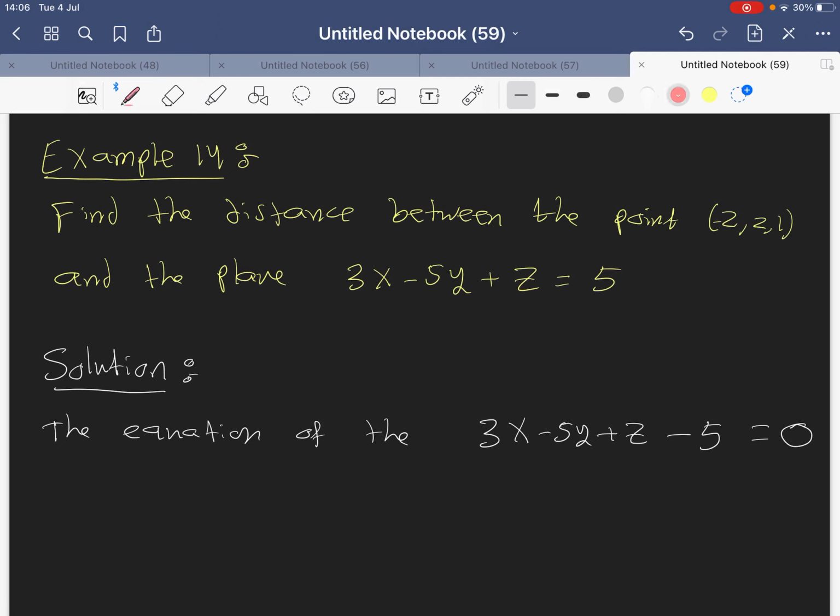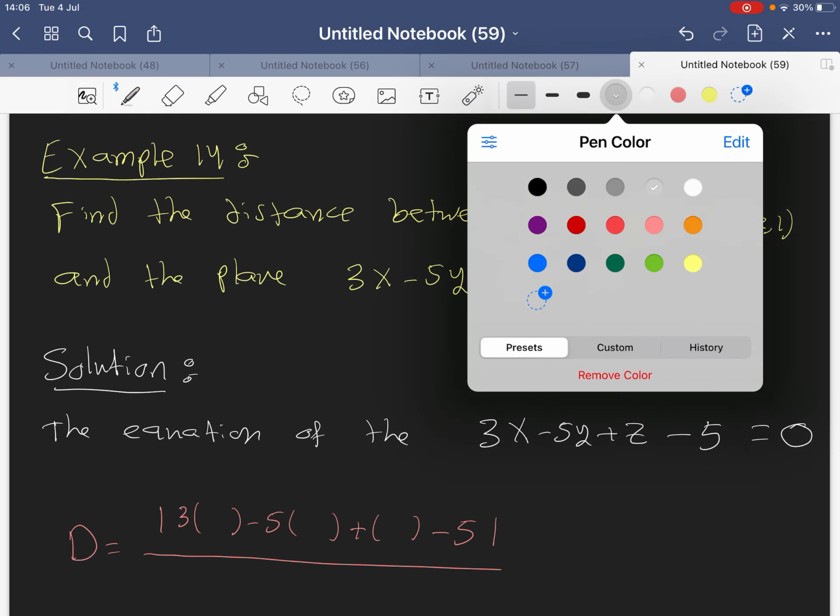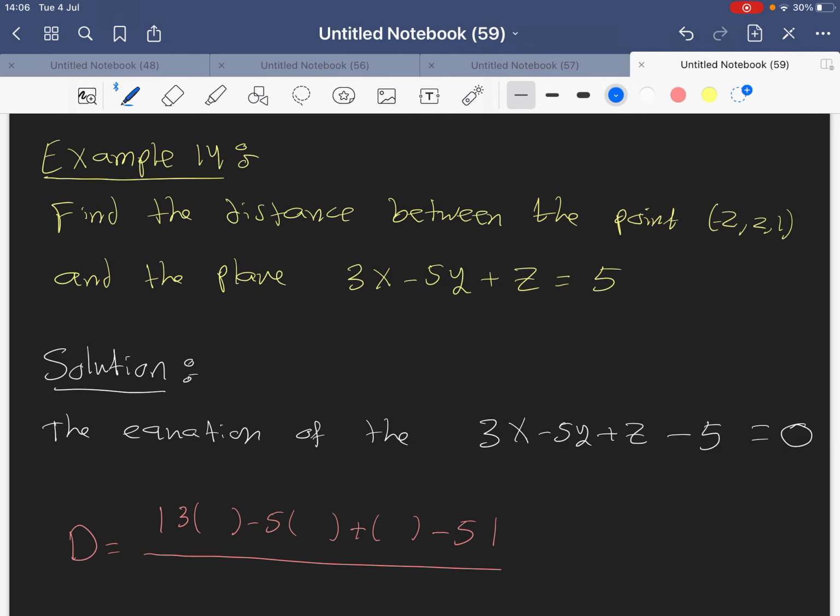Now, for the formula for the distance, all we need to do is substitute: instead of x we write x1, instead of y we write y1, instead of z we write z1, and we write the same equation. So that would be just -2, 2, and 1.